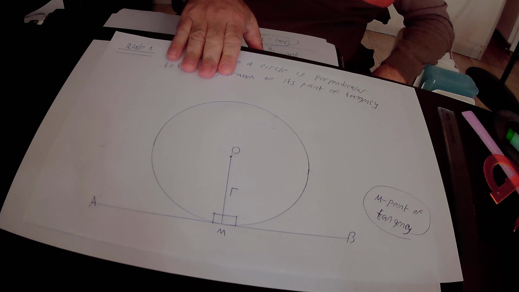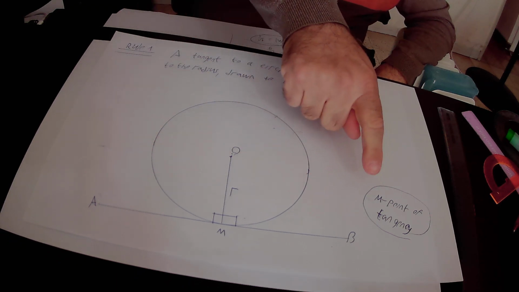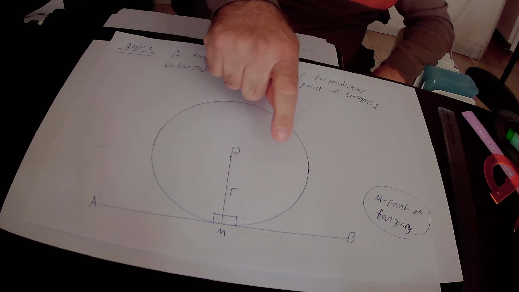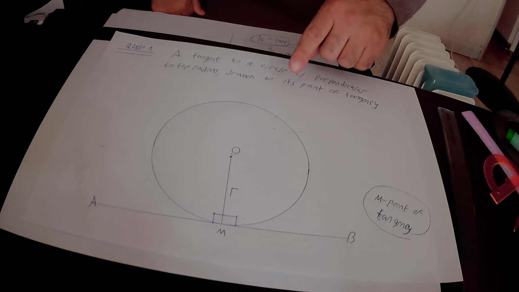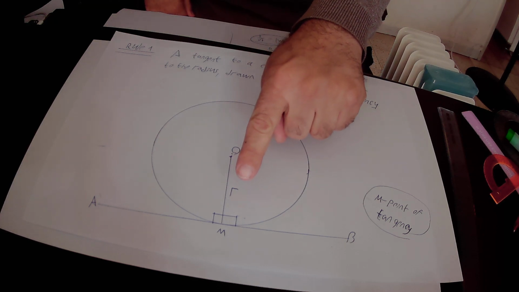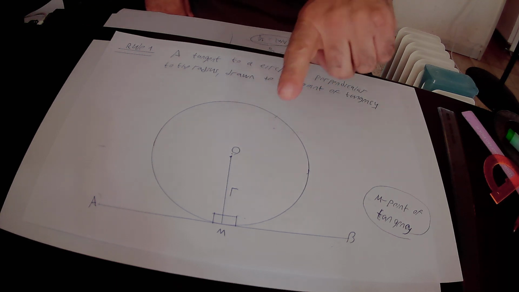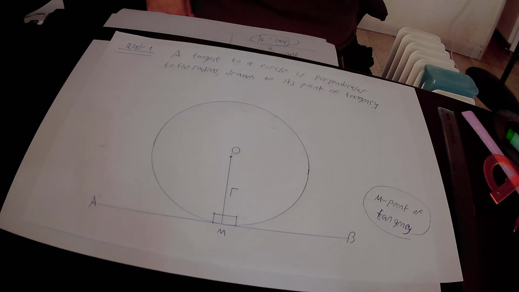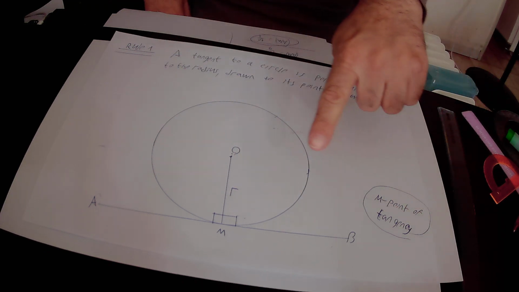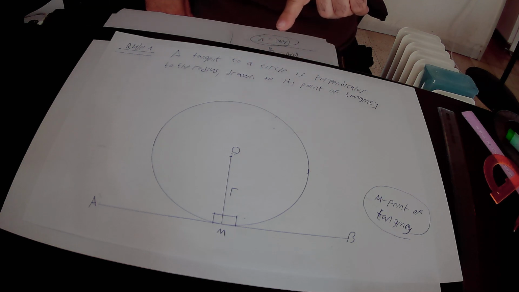Here, tangent AB is tangent to this circle at point M. Point M is the point of tangency. And we have the radius OM that is drawn to the point of tangency, that is to say, drawn to point M. Therefore, according to rule number 1, the tangent AB will be perpendicular to the radius MO.